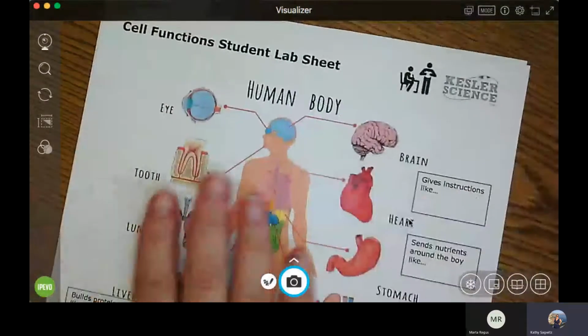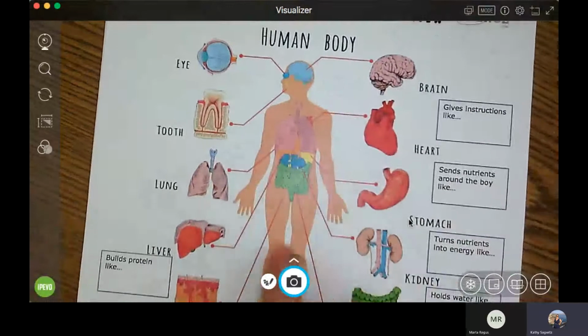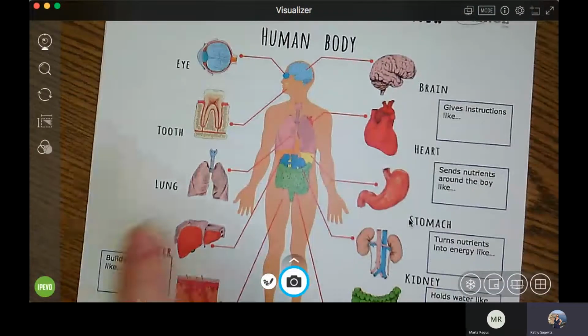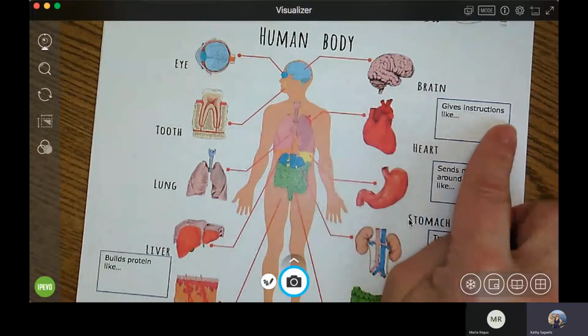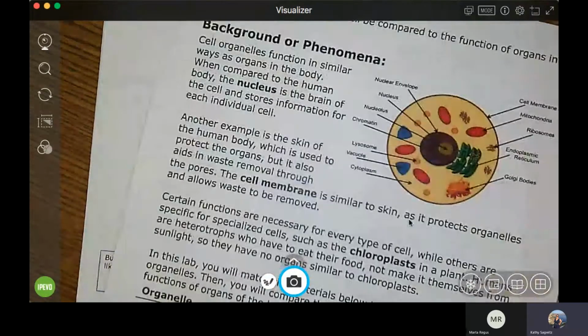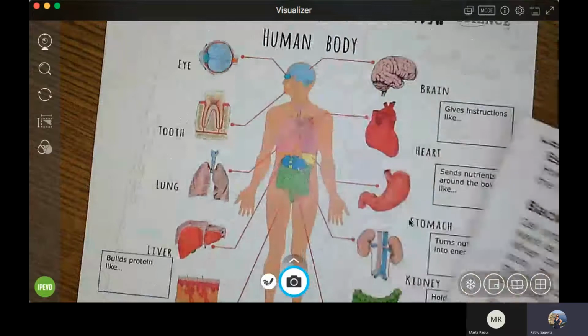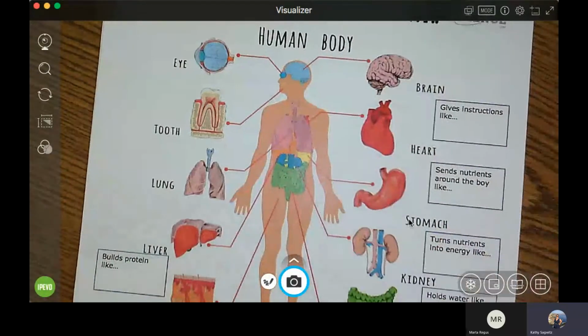On the second page, you're going to see all of the organs of the human body. So when we look, we have the brain, which gives instructions, and then you're going to have to look back at your list of organelles and match up which one would go with the parts of the human body.